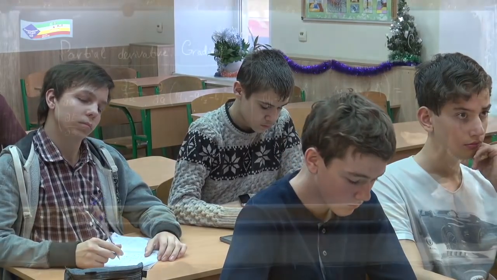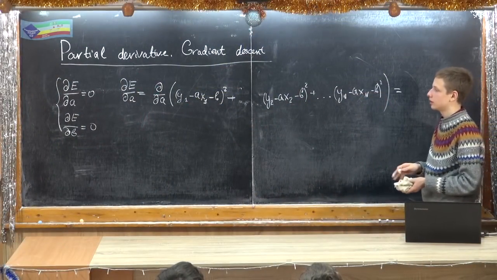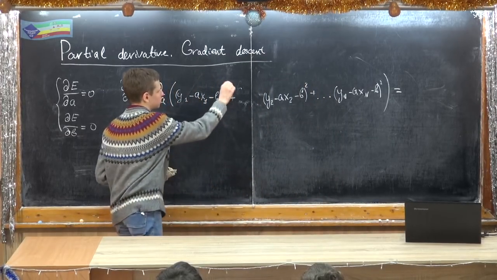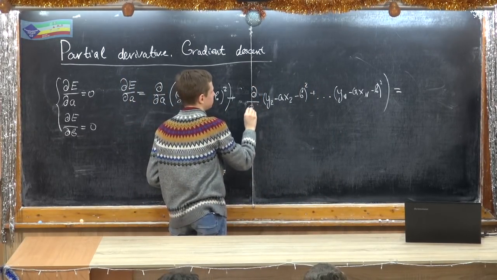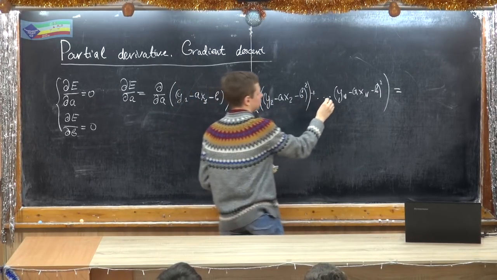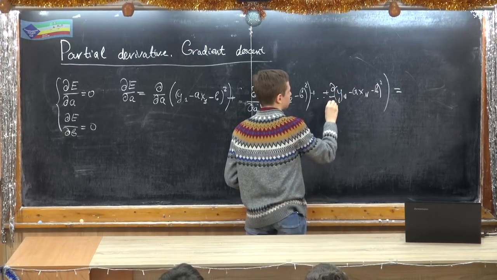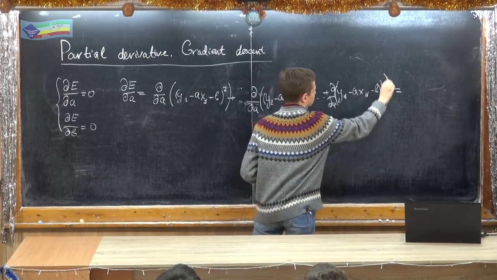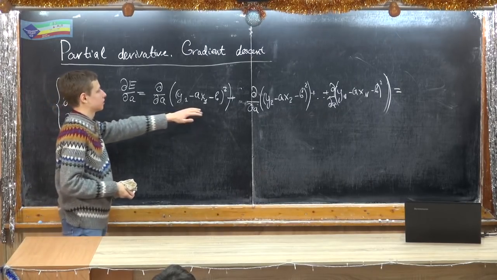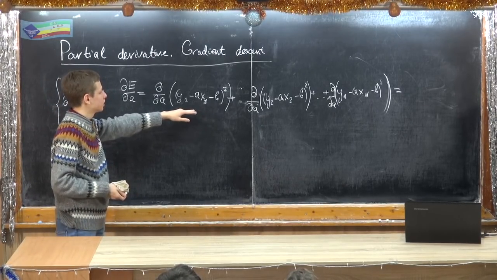This is a sum, and that means that we rewrite all this as a sum of partial derivatives, and I'm just going to rewrite this as follows.